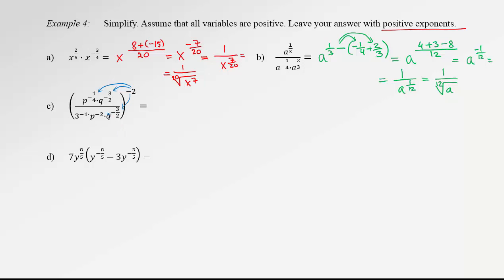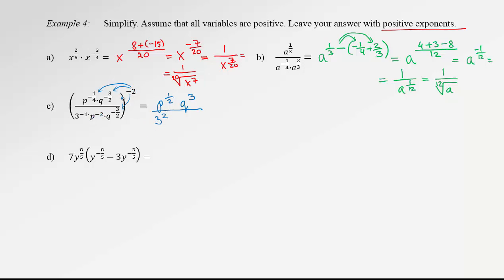maybe let's deliver this exponent to every single factor inside the bracket, because that will simplify those fractional exponents quite a bit. Okay, p to the negative 1/4 raised to the negative 2, we multiply exponents, so it becomes p to the 2/4, which is 1/2. Positive 1/2, right? Then q to the negative 3/2 times negative 2 is actually just 3, and then 3 to the negative 1 times negative 2 is 3 to the 2.